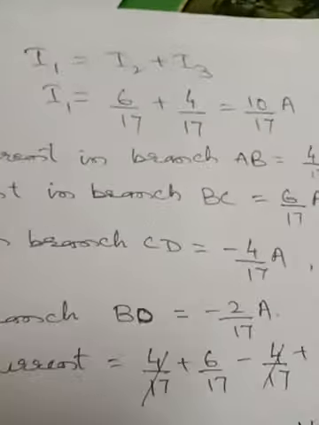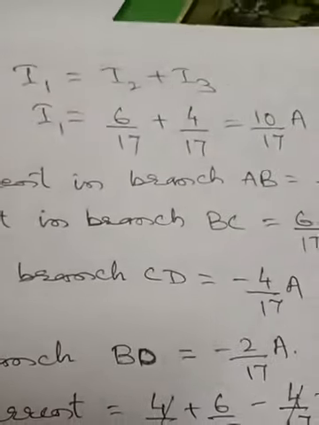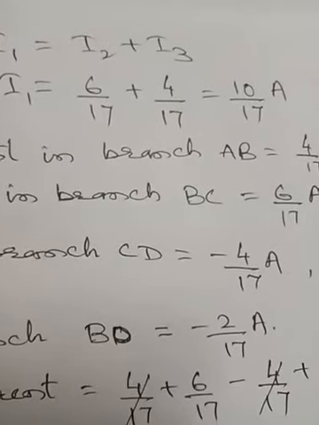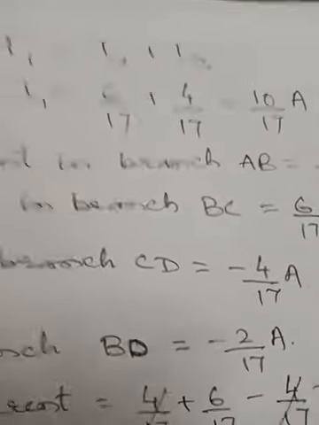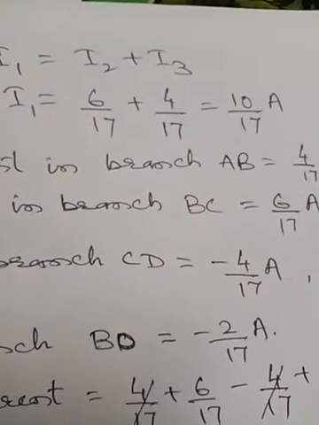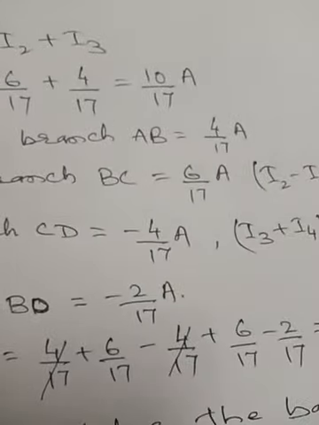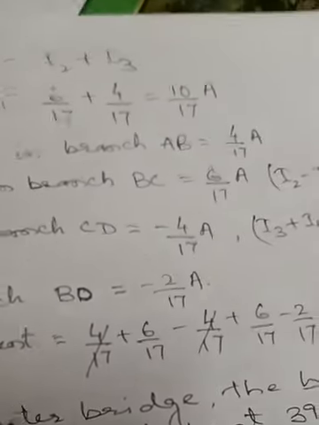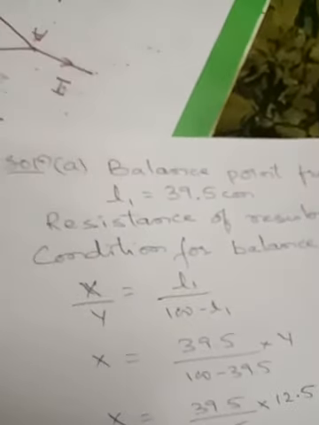Problems are a little bit lengthy, but they are simple. So now I1 value is equal to what? I2 plus I3. So putting this value, what is the value of I1? 10 by 17 ampere. So from this circuit, 10 by 17 ampere will flow. Further, current in the branch AB, 4 by 17A. Current in the branch BC, we have already seen. For BC, what is the value?